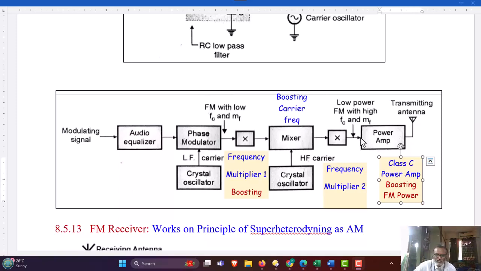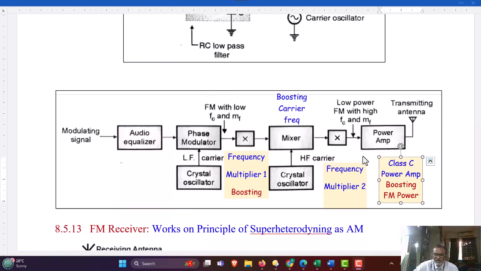Now, finally, we are getting the frequency modulated output at the output of, say, mixer 2. But this signal is low in power and amplitude, and therefore it will be amplified in amplitude as well as in power level by using a power amplifier.